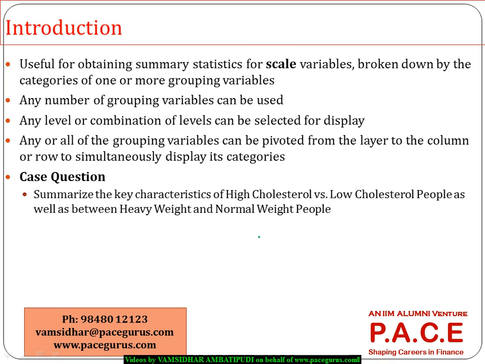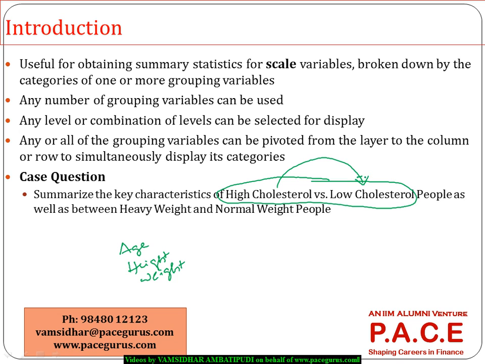As a case question, I would like to summarize the key characteristics of high cholesterol versus low cholesterol people, in terms of age, height, weight, blood pressure, and other things. Is there much difference between the high cholesterol people and the low cholesterol people?